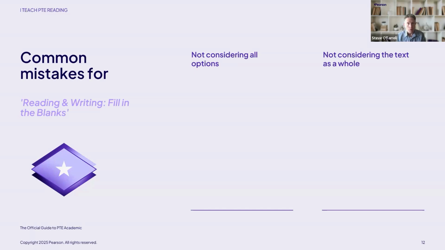Now, fairly clearly, the second one is the better option. So what should we do in order to eliminate incorrect options? Well, let's have a look. To eliminate incorrect options, remember to consider the following. Consider things like the context, so the overall meaning of both the text and the sentence. How does it fit into the meaning of the passage?